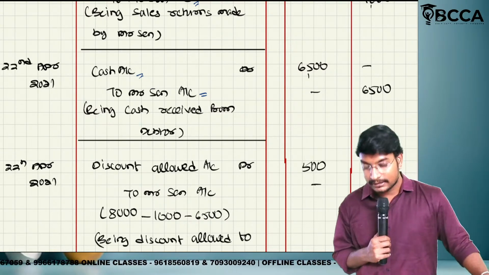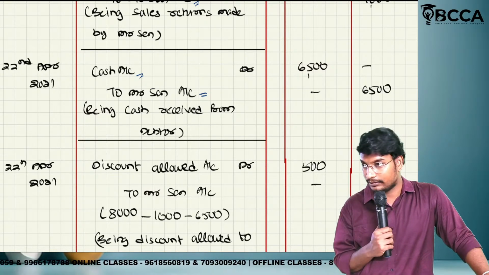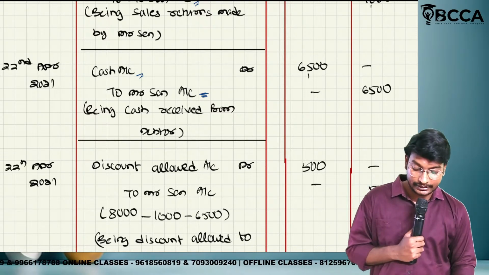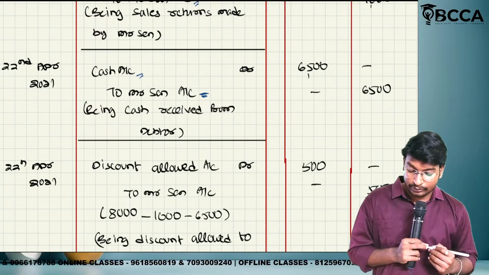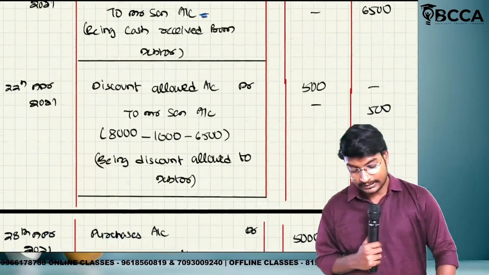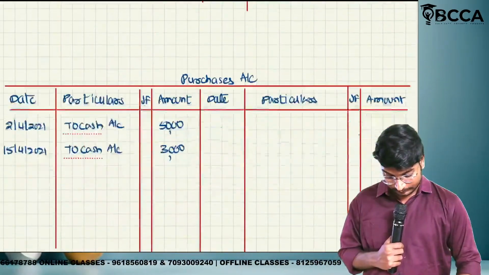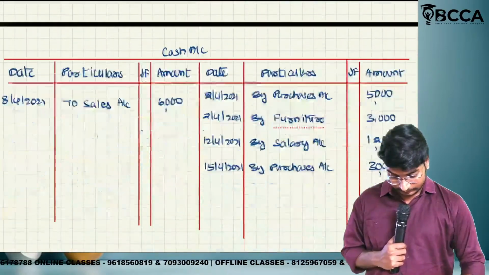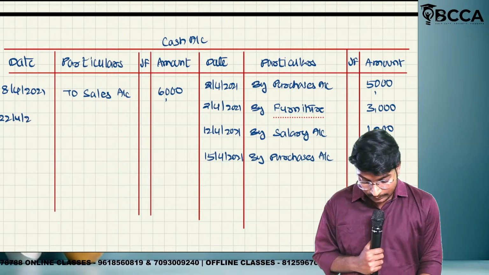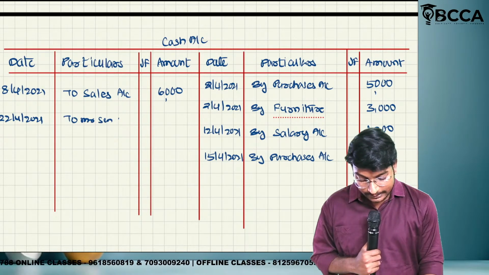To Mr. Sane account. In the Sane account we need to record on the credit side. Okay na? Because Mr. Sane account is credited in the journal entry. Okay na guys? So cash account to Mr. Sane, in the Sane account by cash, 22nd April 2021 to Mr. Sane account.